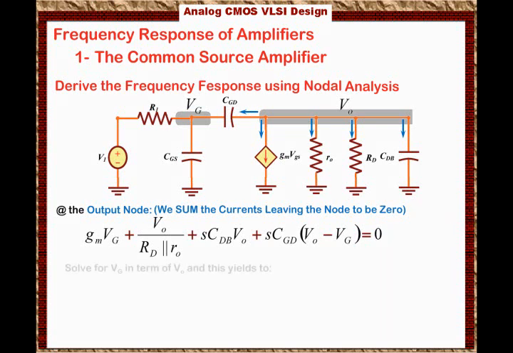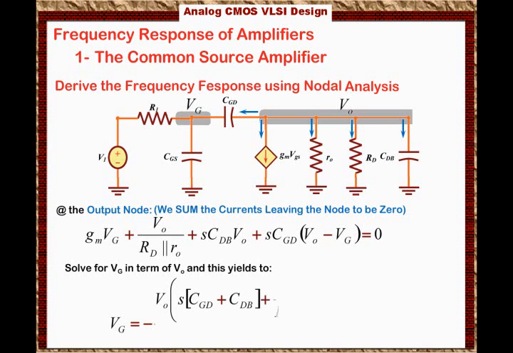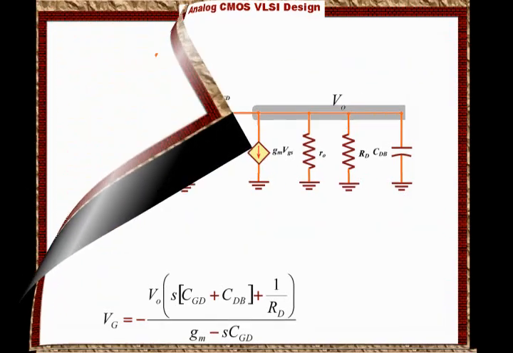After some algebra this yields VG equals minus Vout times (S times (CGD plus CDB) plus 1 over RD) divided by (gm minus S times CGD). So we summed the current at the output and simplified the equation using some algebra such that we can express VG in terms of Vout.